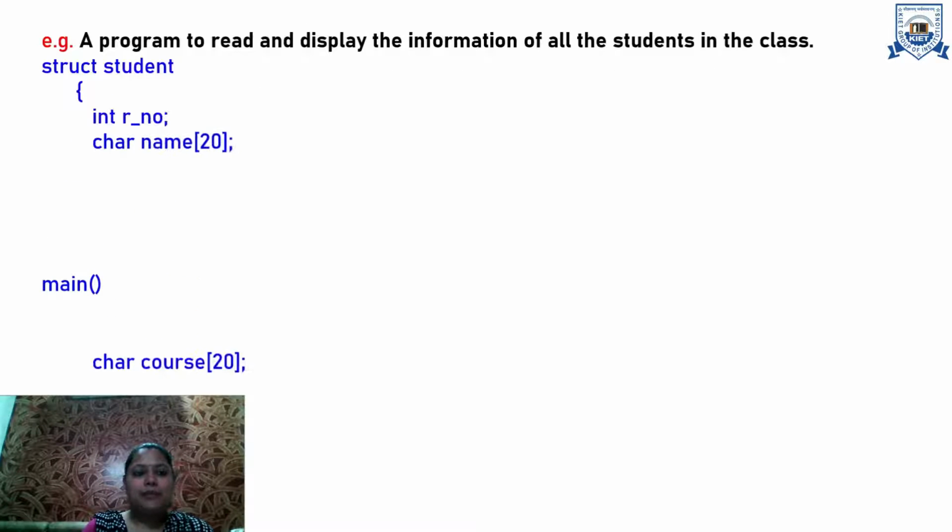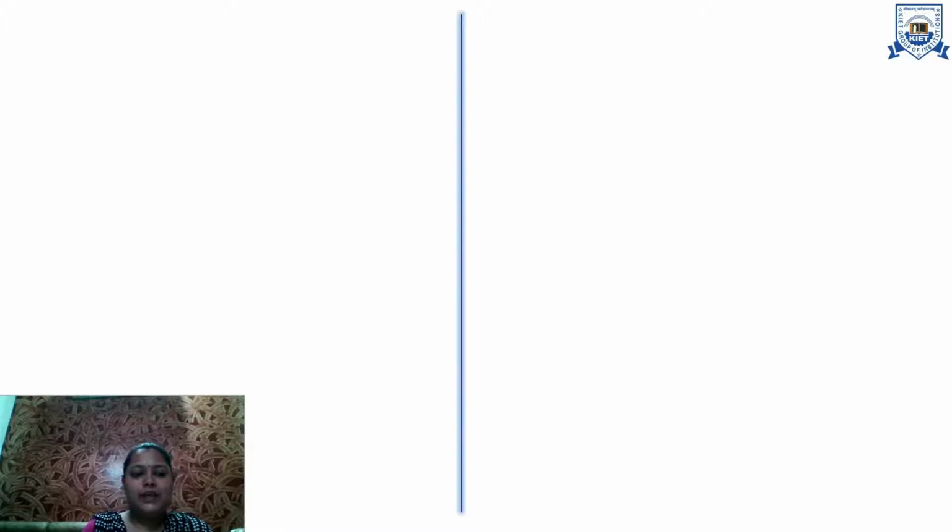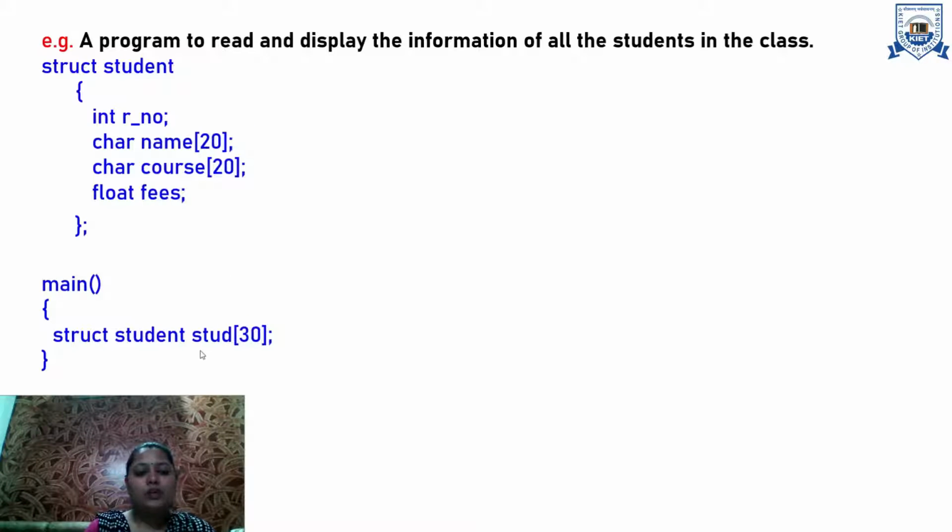Now let's see an example of how we read and display. First, how to call it. For a particular structure we have to define a variable, we know that. Similarly in this example the data types are int, char for name, char for course, and then float.